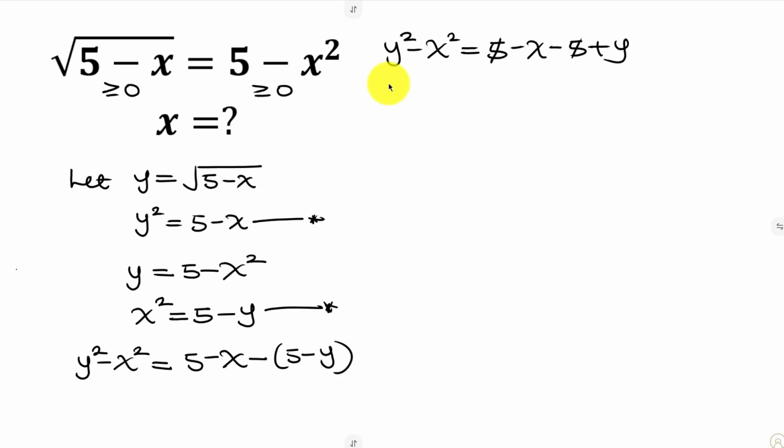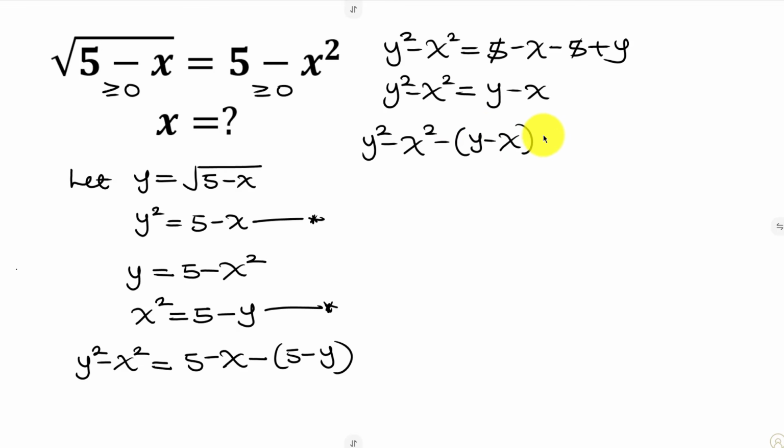So we are left with y squared minus x squared to be equal to y minus x. Very good. Now our next step will be for us to move this to the left hand side so that we have y squared minus x squared, and as this expression crosses to the left, it becomes negative y minus x, and this is equal to 0.